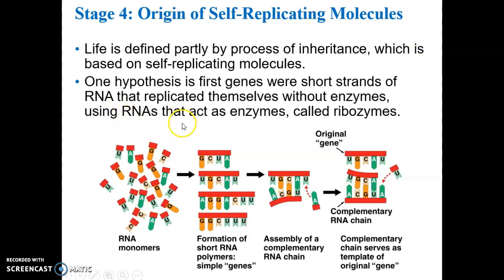So one hypothesis is that the first genes, sections of repeating nucleic acids like on a DNA molecule, were actually short strands of RNA, which is a nucleic acid, that was able to replicate itself without enzymes, because the RNA themselves act as their own enzymes, and these types of small RNA sections or structures are referred to as ribozymes.